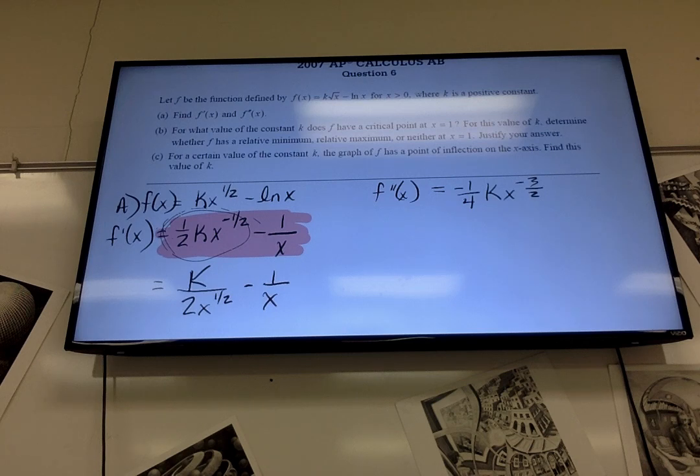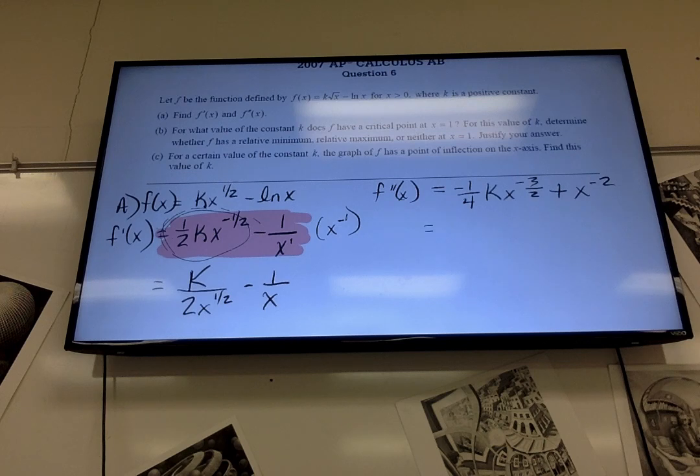And then 1 over x is the same thing as x to the negative 1. So negative 1 times negative, that would be positive, x to the negative 2. Very good.